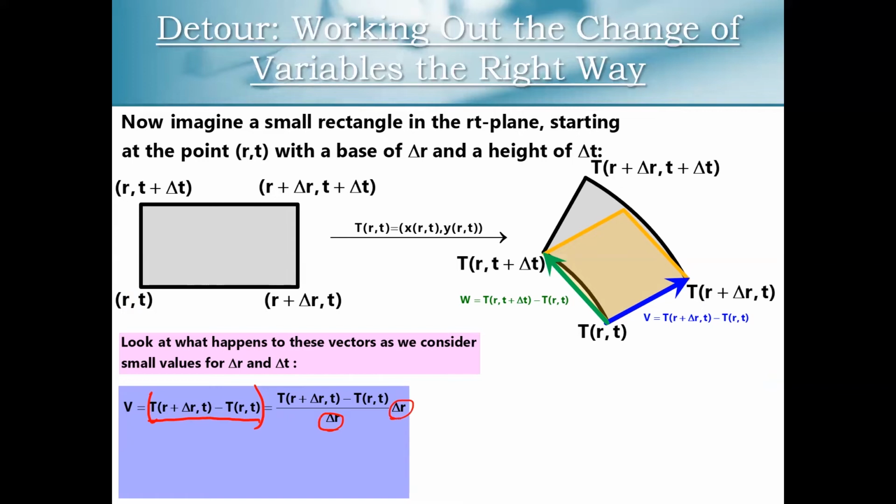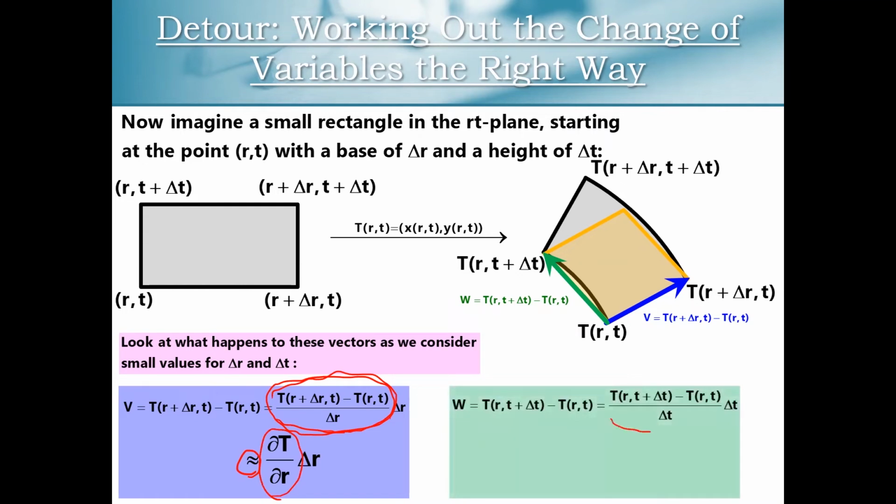Now, this looks a lot like the limit definition of a derivative right here. And in fact, we can use this as the limit definition of a partial derivative. So right now I'm going to write an approximately equals because I'm not going to take a limit quite yet. But knowing that delta r is very small, some very small but non-zero number, this is pretty close to the partial derivative of t with respect to r.